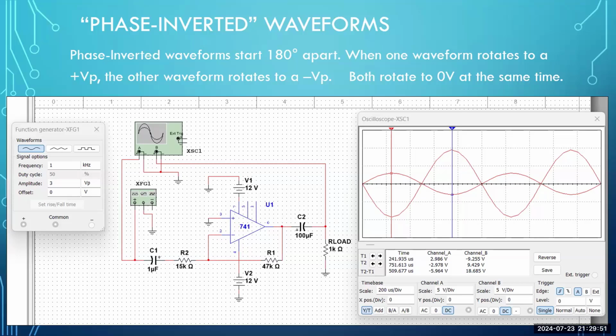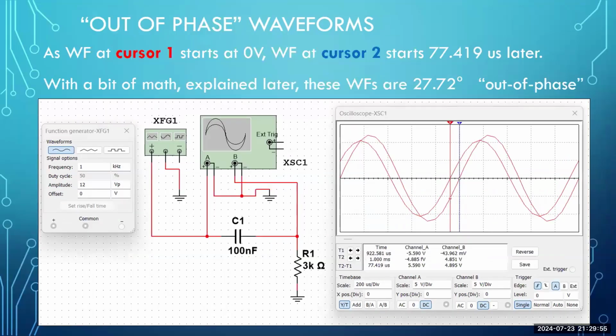Okay, another phase relationship. Take a look at the next one. These are called out of phase waveforms. And the circuit's a true circuit. It happens to be an RC time constant circuit, which you'll learn in further lessons coming up. That's not important. What is important is I've got a function generator attached to the same node that channel A of the oscilloscope is attached to.